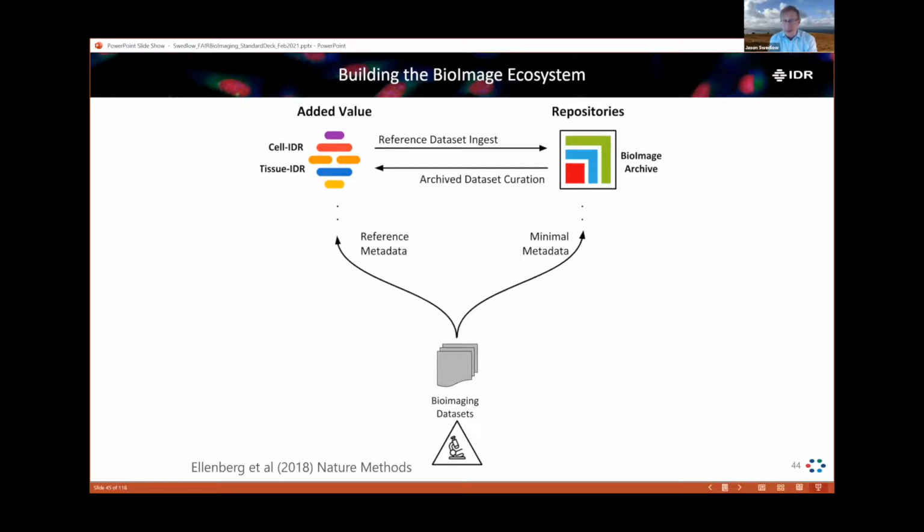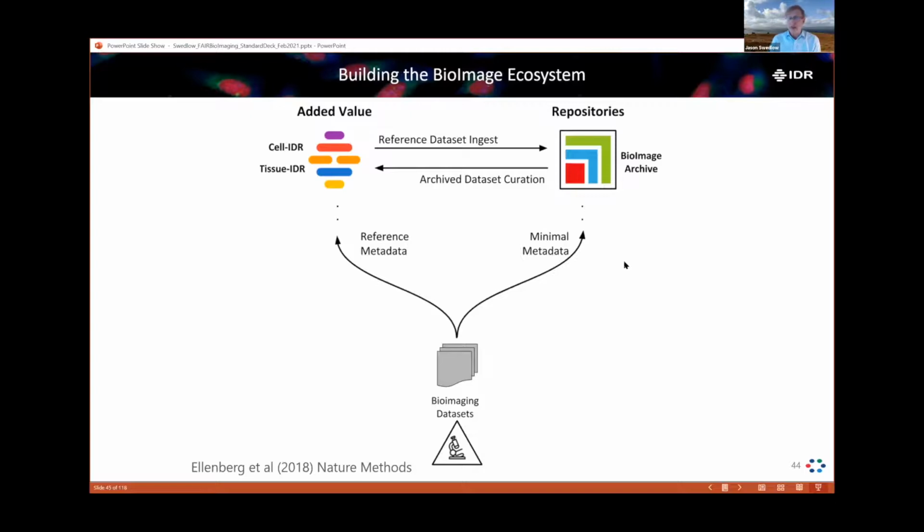At least in principle, what we foresee, as we're building what we call this bioimage ecosystem, is that most of the papers that use imaging would be publishing their data in the archive. To make that publication routine and quite rapid, there's probably a minimal metadata specification that the archive would use.